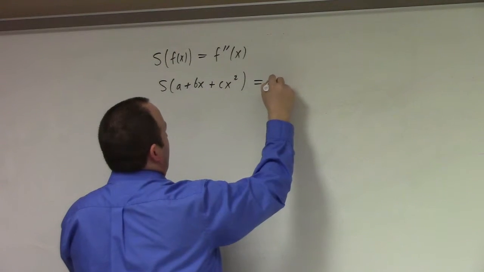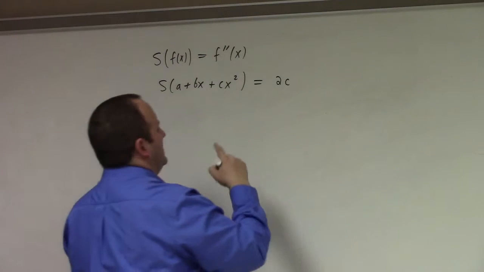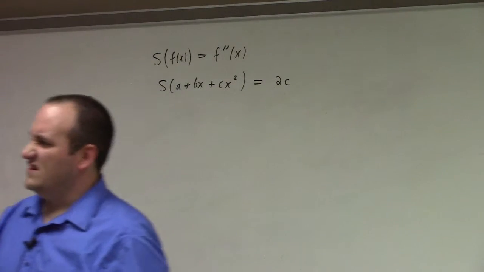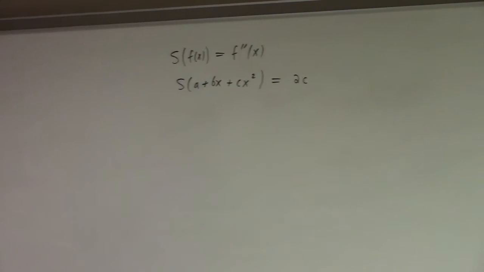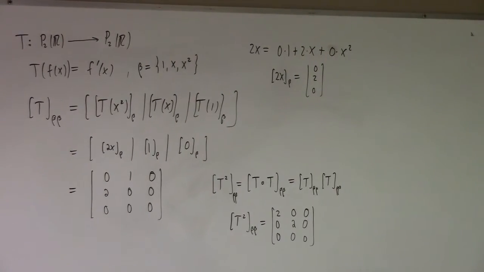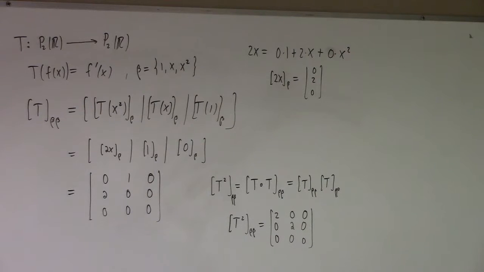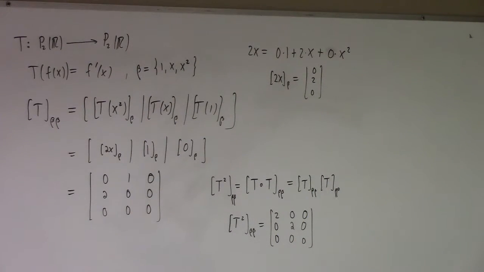See, I've done something wrong. That should be 2c. If I differentiate twice, I should not get that again. I've made a mistake here somewhere, guys. Where was it? Good grief.